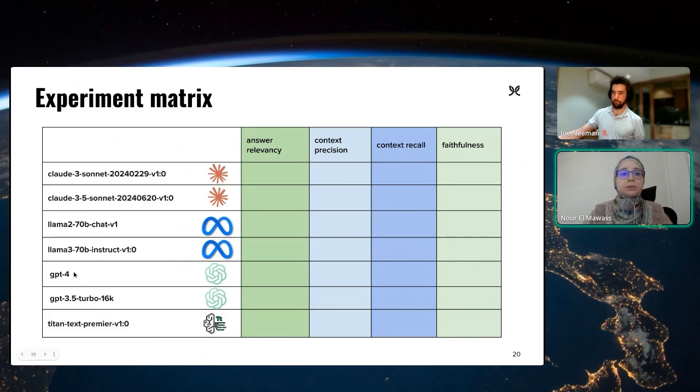We also used GPT-4 and GPT 3.5 from OpenAI, and we used the Titan Amazon model, also available on AWS Bedrock. And for the metrics, we chose these 4 metrics from the RAGAS library, which is an evaluation library that we mentioned earlier in the presentation. These are the 4 most known metrics, but there are many more metrics that you can use as well.